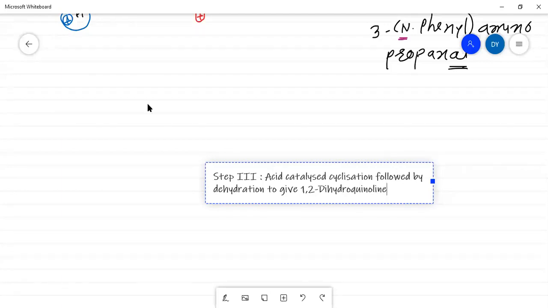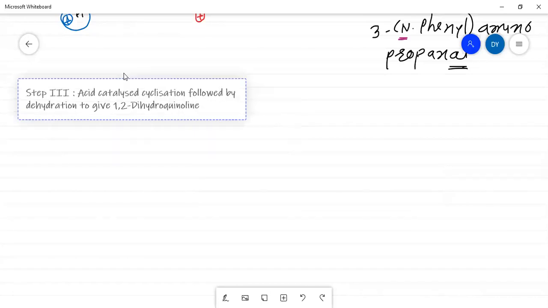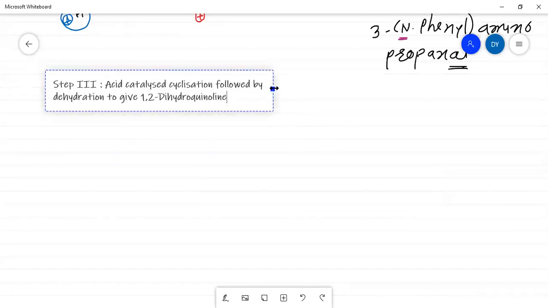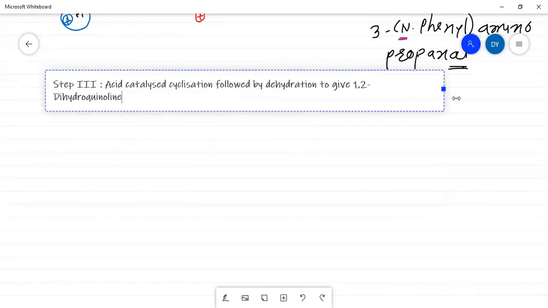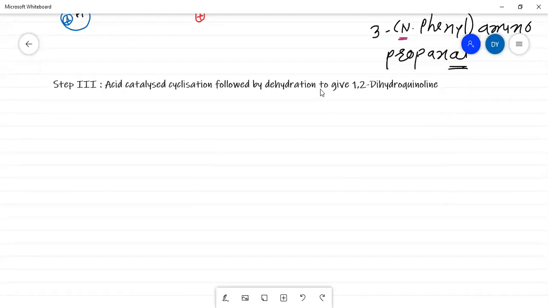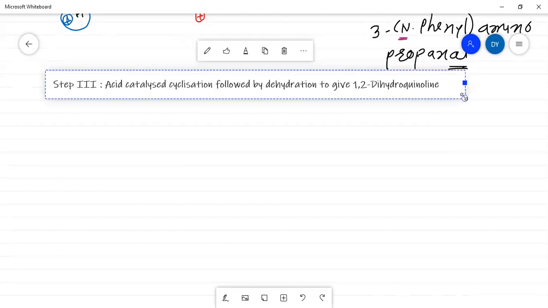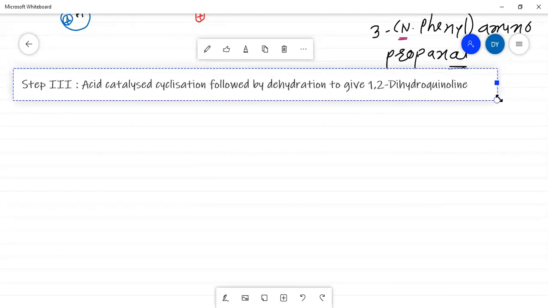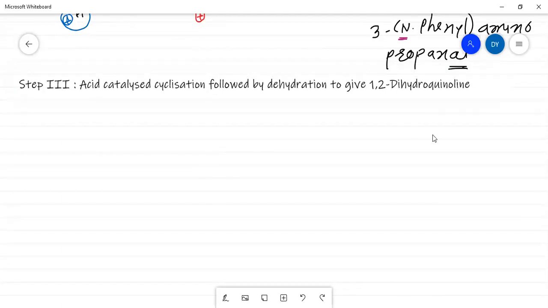In step number 3, a cyclization takes place, and this cyclization is followed by dehydration to form 1,2-dihydroquinoline. As you know, this is the second last step.